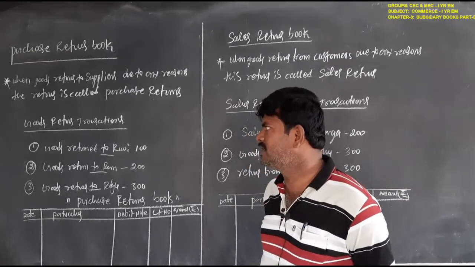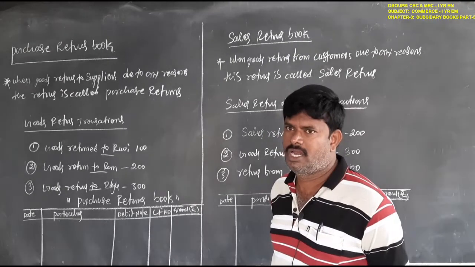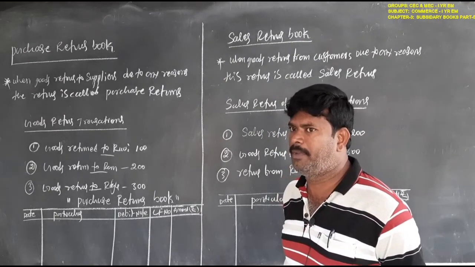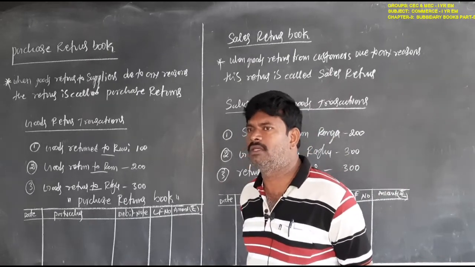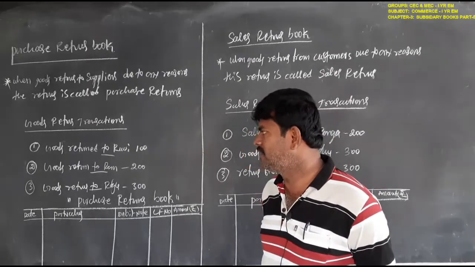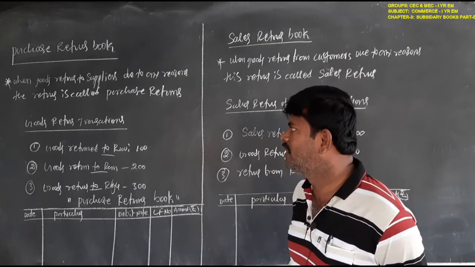So these transactions are called purchase returns. The purchase returns book is prepared to ascertain what the purchase returns are during the year, during the month.